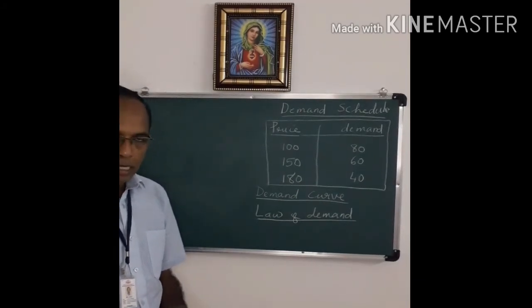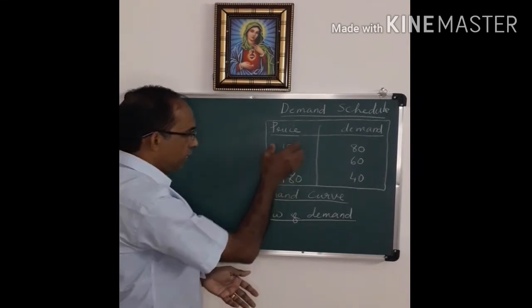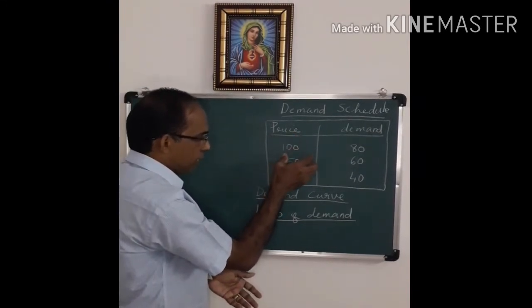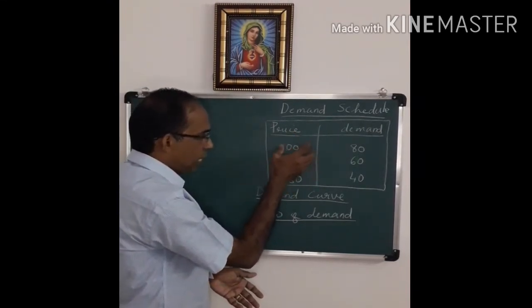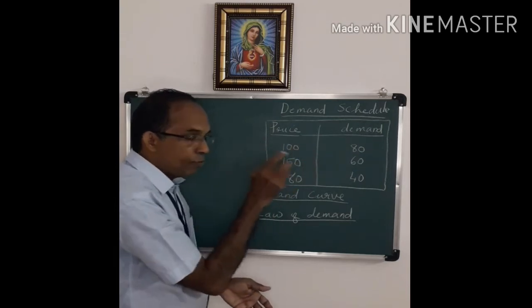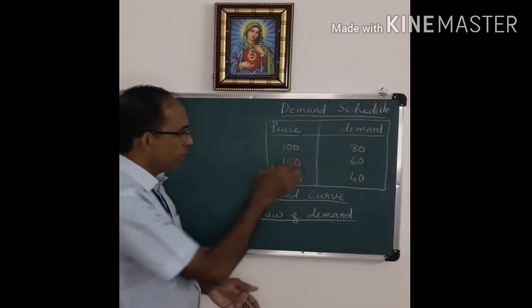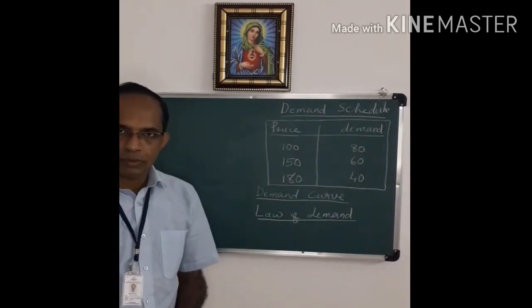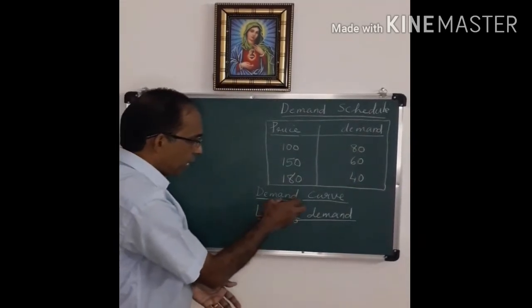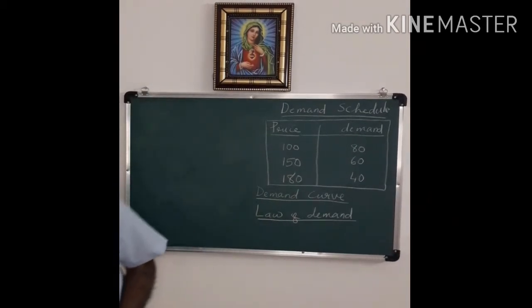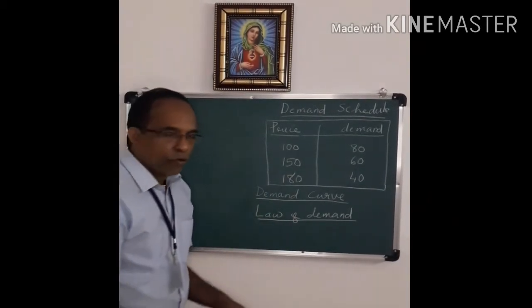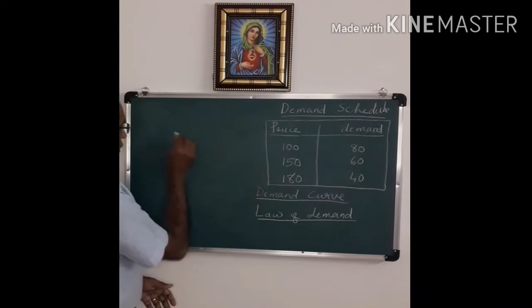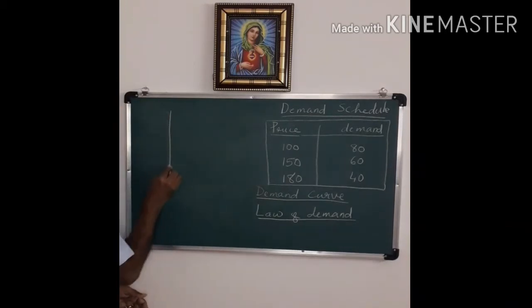In other words, we can define the demand schedule as a table that shows the inverse relationship between price and demand. Clear? Now let us see what is a demand curve. First we have to draw the x-axis and y-axis.